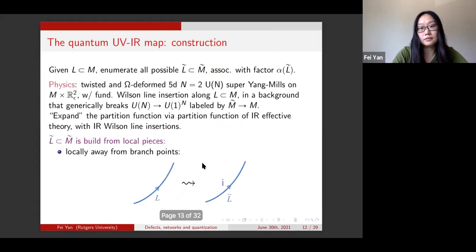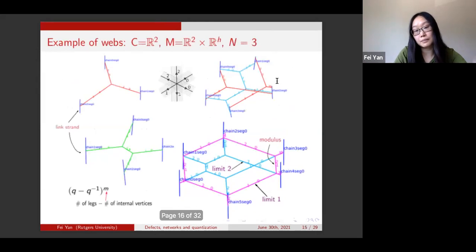Recall that after you enumerate, we still need to associate factors. I will not describe those factors. They're kind of a mess, but roughly speaking, for the web structures, each web will contribute a factor proportional to Q minus Q inverse to some integer power, where this integer power is equal to the number of legs minus the number of internal vertices.